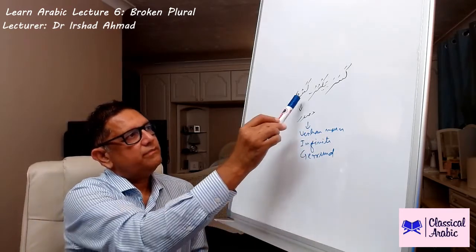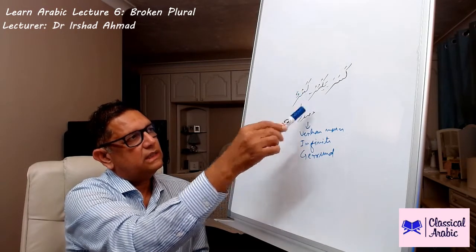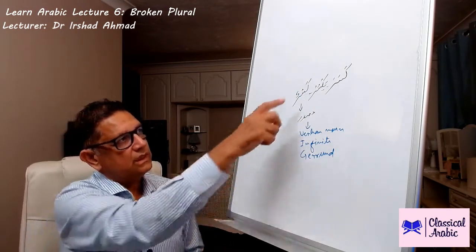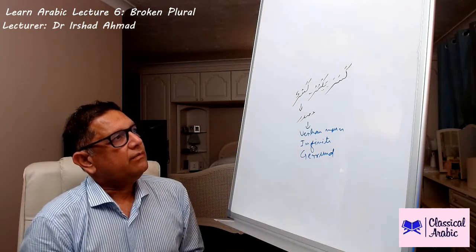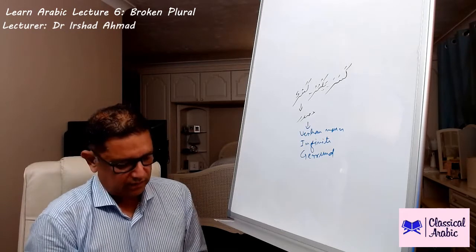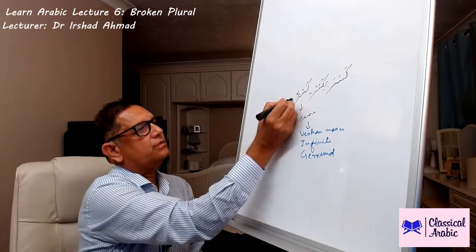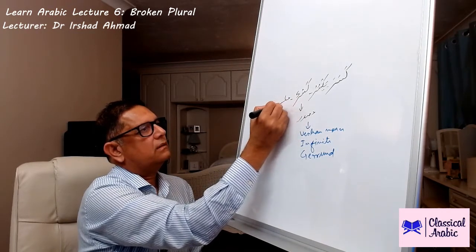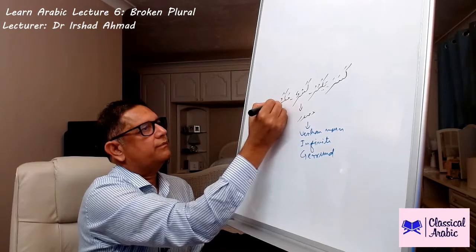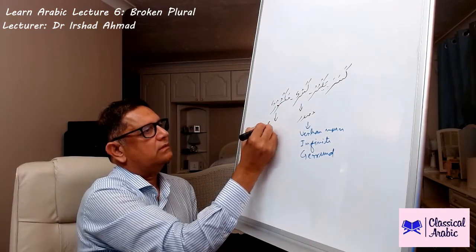So this is the action which is contained in a verb, so it's a name of the action, and from that we have another word. In this case we will say maksur, maksurun, kasrun and maksurun. This means broken, maksur.